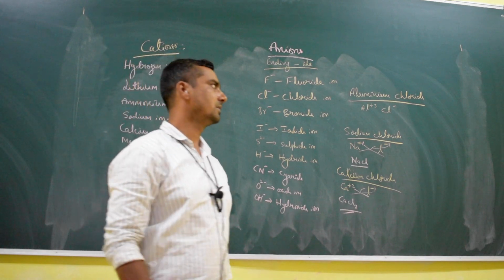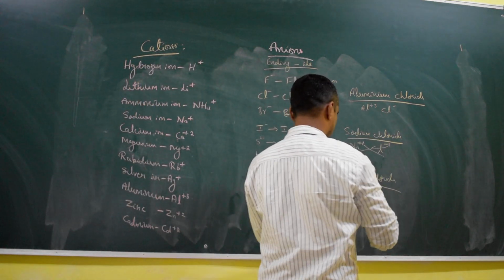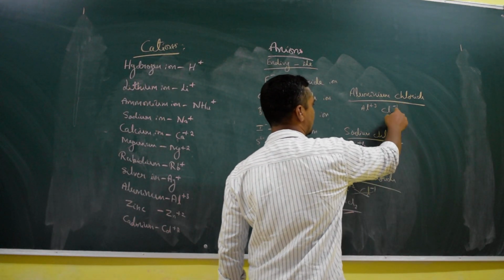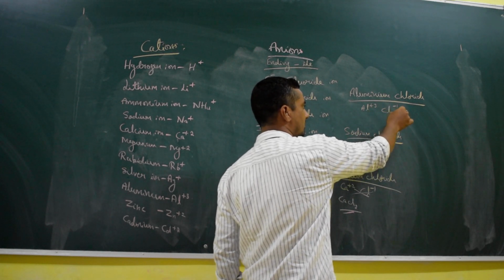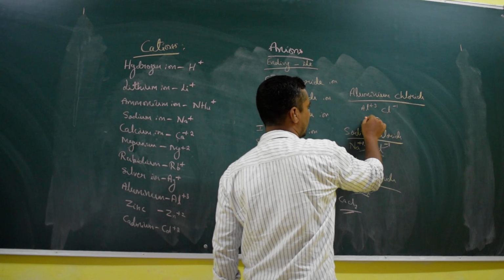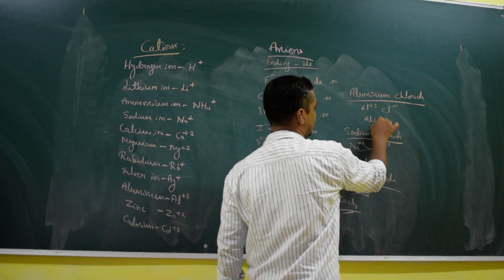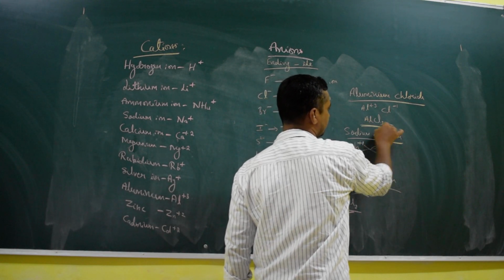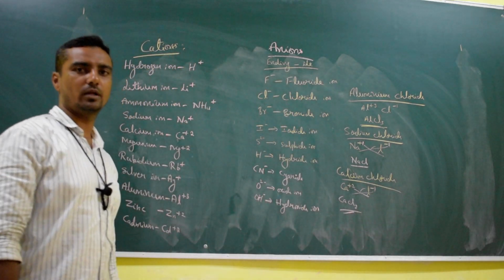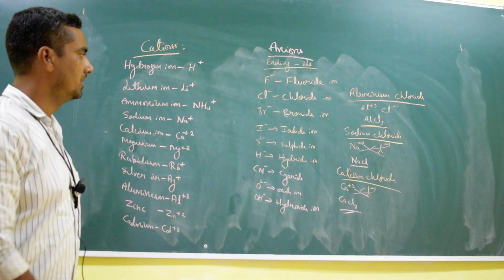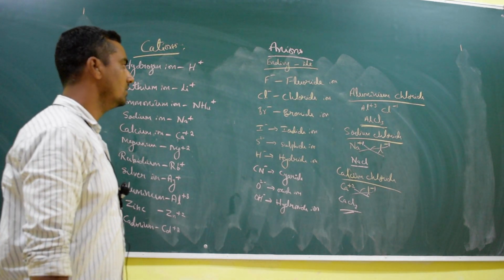The upper number, the number present here, gets shifted to the aluminium, and this number gets shifted to the chloride, leaving aside the positive and negative charge. So it becomes AlCl3, aluminium chloride. It's a very important one.